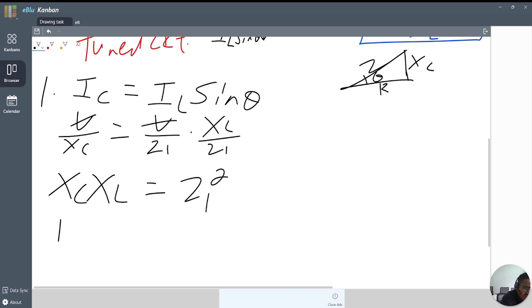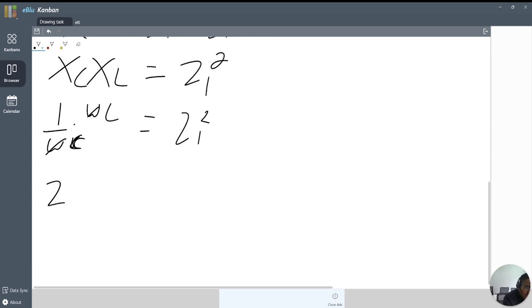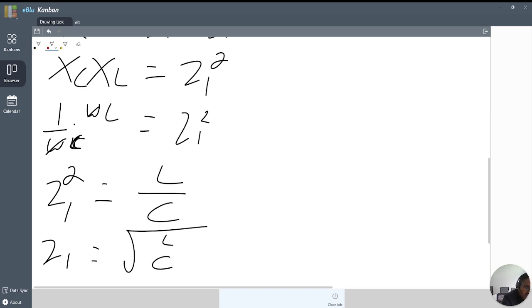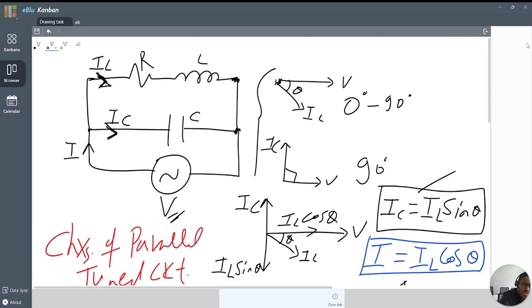XC means 1 over omega C, and XL is omega L. So omega by omega cancels, and Z1 squared becomes L over C. So Z1 becomes the square root of L over C. This is our impedance for branch 1.